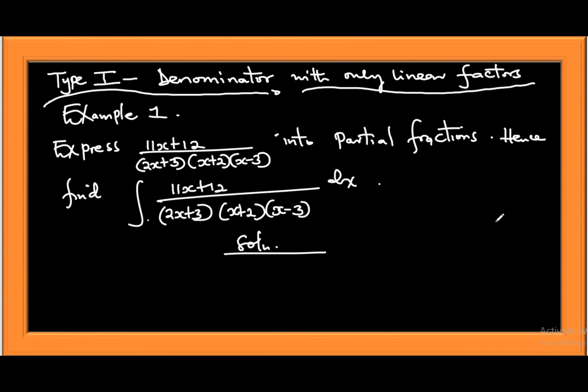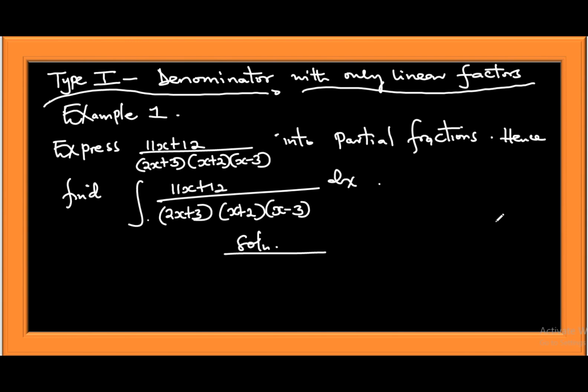Something very special to note before you start is to first realize that the highest power of x in the numerator is 1. If we open the brackets in the denominator, the highest power of x would be 3. 1 is less than 3, and therefore this qualifies to be a proper fraction. So we can comfortably begin by considering this as a type 1 problem.